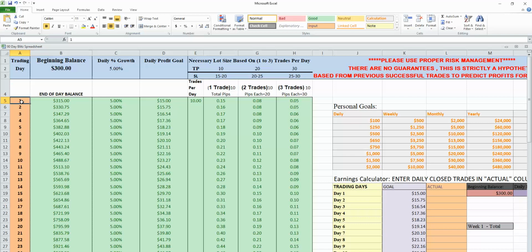So if day 1 here was Monday and day 2 Tuesday, and you traded on those 2 days and do not trade on Wednesday, Thursday, Friday, it means you've only traded on 2 days. If you decide to start trading again the following week, that will count as day 3, which means the days you did not trade do not count.